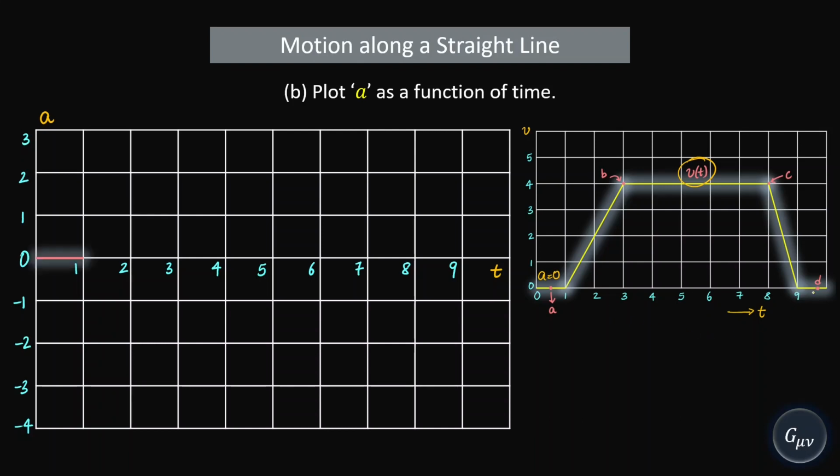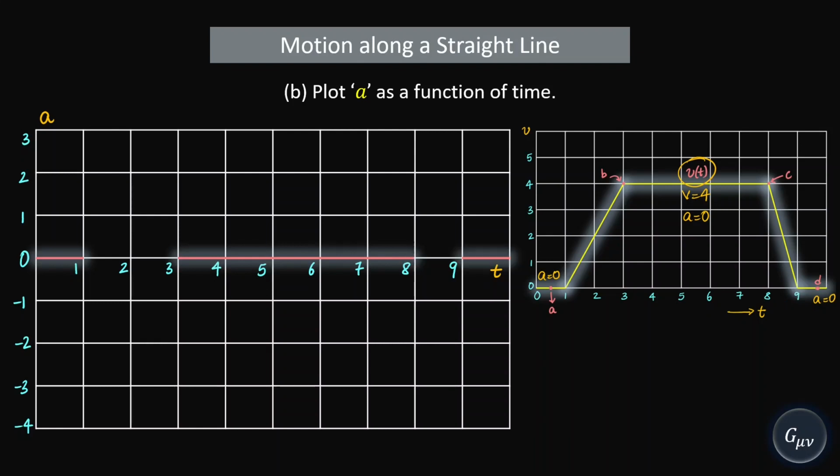In the interval BC, that is from 4 second to 8 second, the velocity is a constant. Its value is 4 meters per second. The slope is 0, so the acceleration is again 0. Similarly, past the 9 second mark, the slope is 0 here too. So A in this region is also 0.